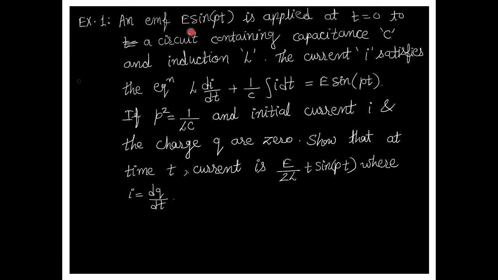An EMF E sin pt is applied at t equal to 0 to a circuit containing capacitance C and inductance L. Here the equation is given: the voltage drop across L is L di by dt, plus 1 by C integration of i dt, that means the voltage drop across C, equal to the applied EMF.